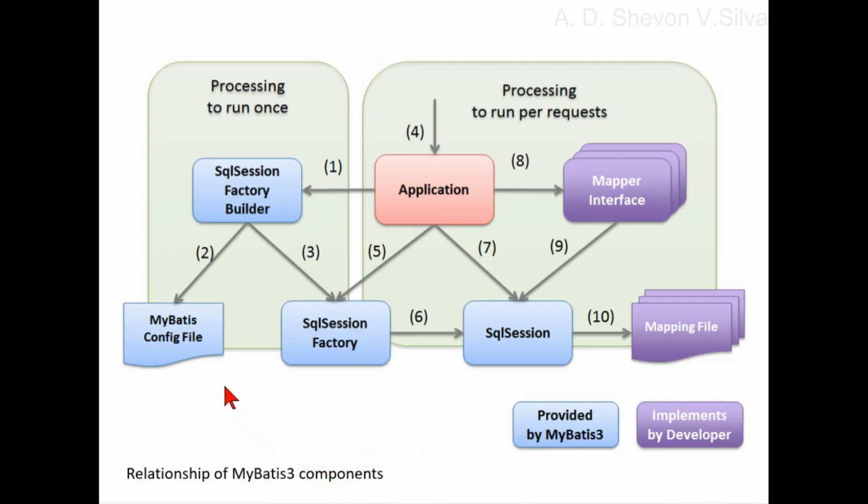MyBatis configuration file, an XML file that explains operation settings of MyBatis3. It is a file that explains the details such as connecting destination for database, path of mapping file, operation settings of MyBatis, and so on.